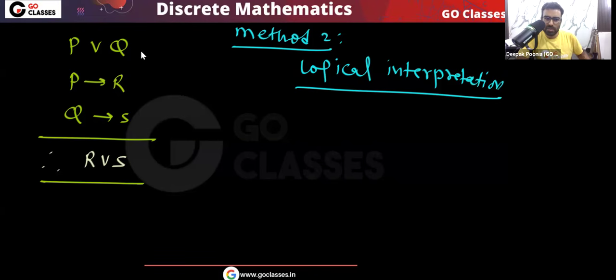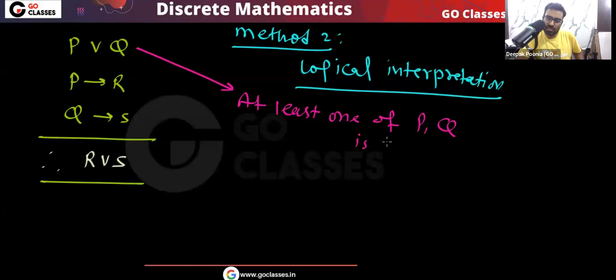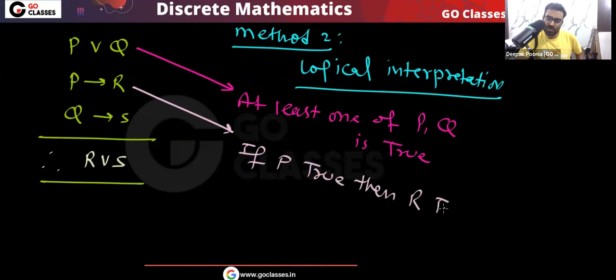So you can notice that p or q simply means that at least one of p, q is true. Next, this is saying if p true then r true, and this is saying that if q true then s true.